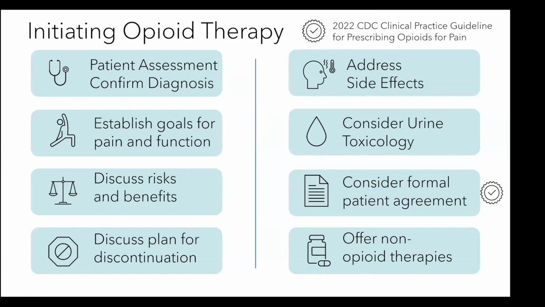So before prescribing an opioid, of course, we want to perform an assessment that includes the HPI, review of systems, and functional and physical pain-focused exams. You want to look at available diagnostics and perform a thorough medication reconciliation. That's very important, so that you can prevent any drug-to-drug interactions, and perform mental health screenings as well as opioid risk screenings.